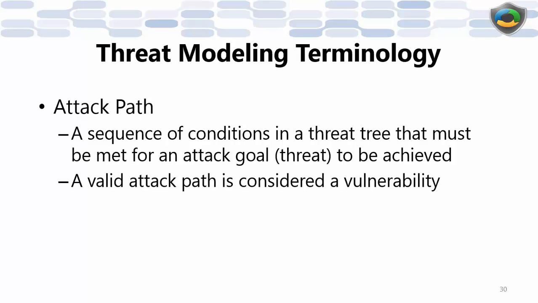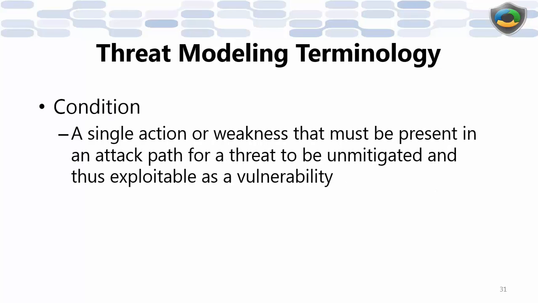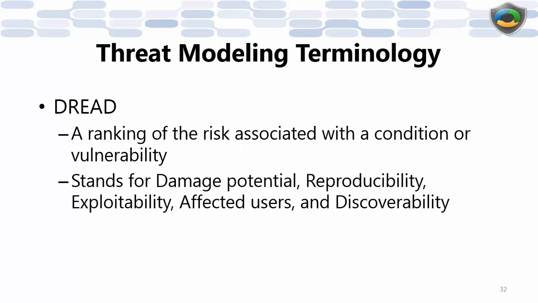The attack path, a sequence of conditions in a threat tree that must be met for an attack goal to be achieved. A condition, a single action or a single weakness that must be present in an attack path for a threat to be unmitigated and thus become a vulnerability.